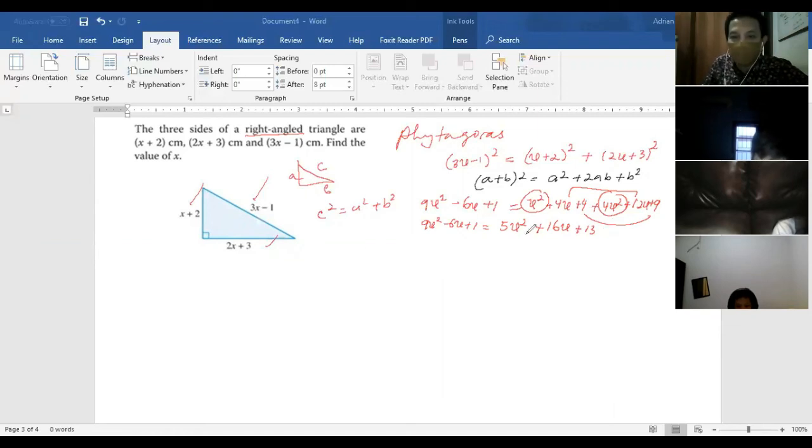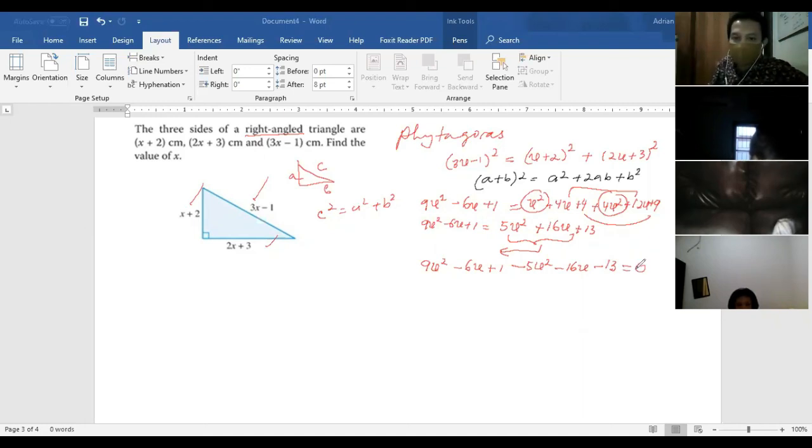Then, now you have to move all these items to the left side to make it 0. So 9x squared minus 6x plus 1 minus 5x squared minus 16x minus 13 equals 0. Correct?